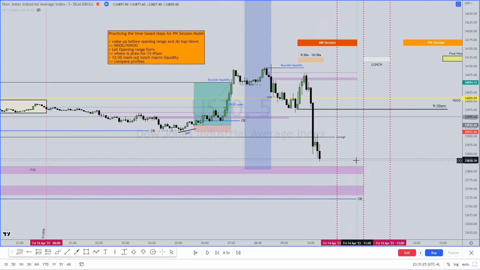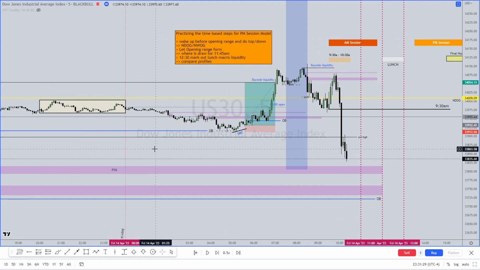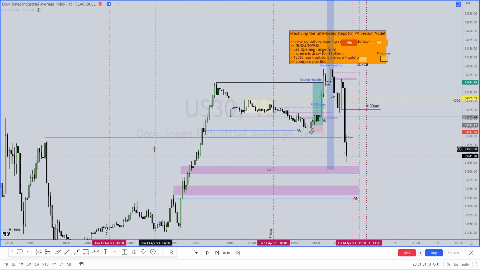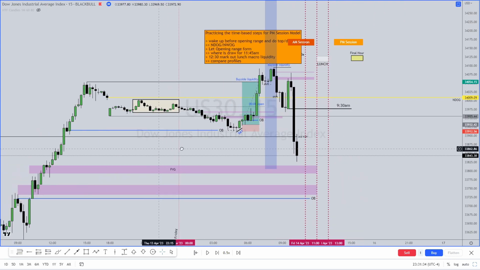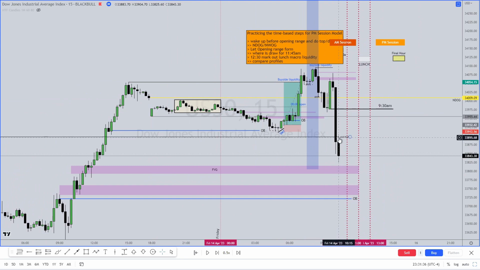I want it to form on the latter half of the AM session. So let's go up to that 15 minute. I want these arrays to be tagged later in the day. So here's 11, really looking until 11:45.